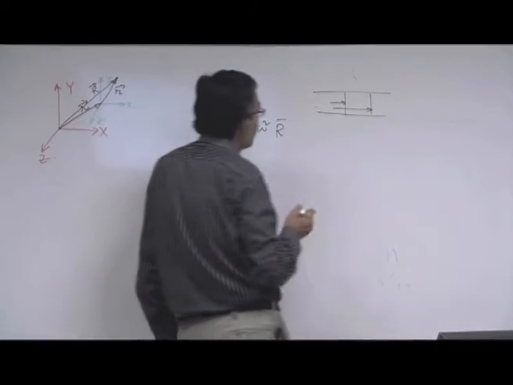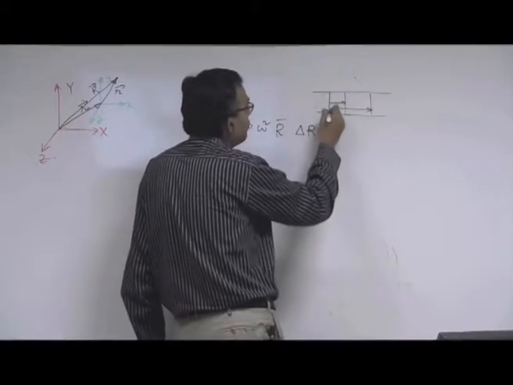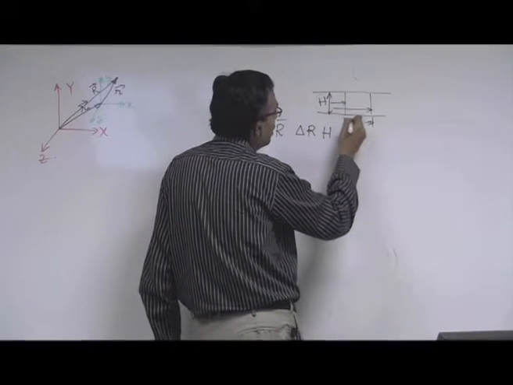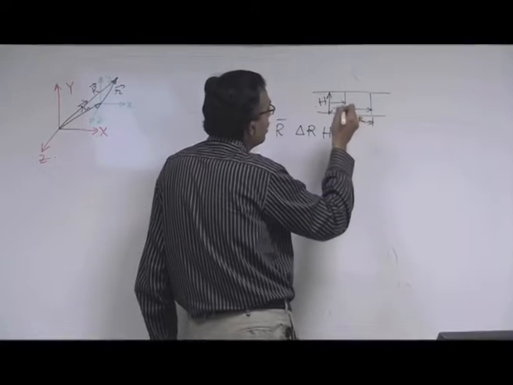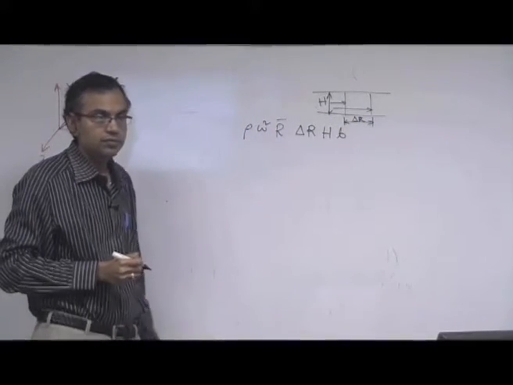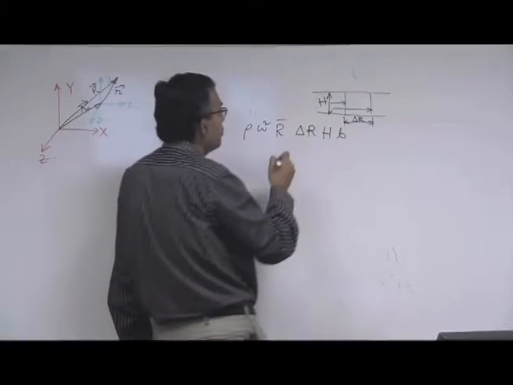So volume is delta R into H, where H is the height of the channel, and into B, the width, right. And what is the surface tension force?